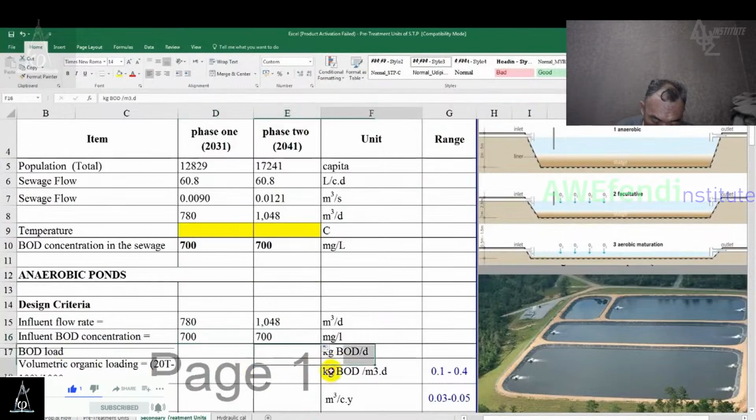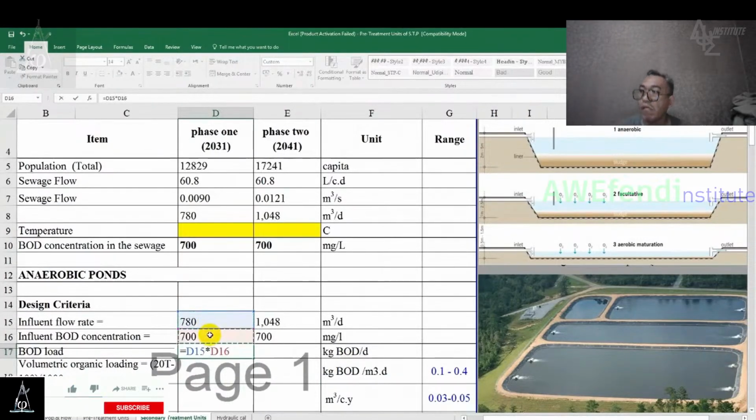BOD load, kilogram BOD per day, equals this figure, cubic meter per day, times this figure, milligram per liter.